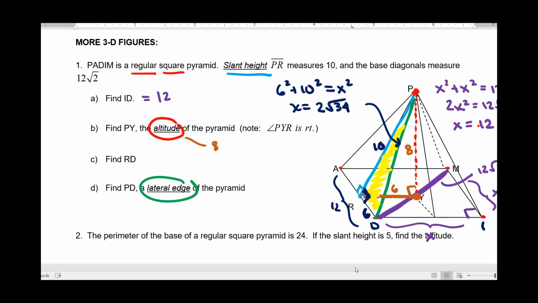And that will be my lateral edge. Okay, and most of the problems in this section that have to do with pyramids will be just like this. The base will be a square, and you just need to figure out all the other information using the various right triangles that are available there and using the Pythagorean theorem.